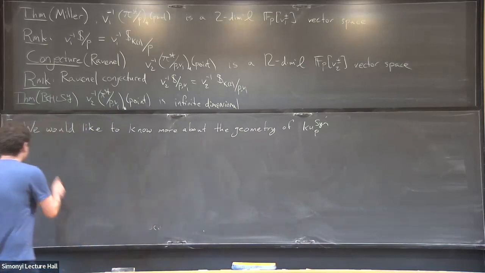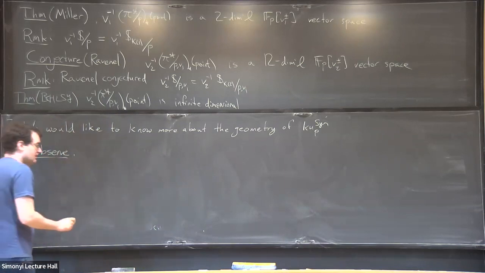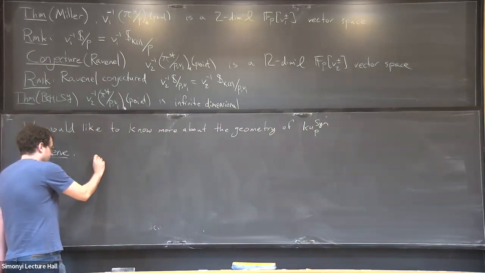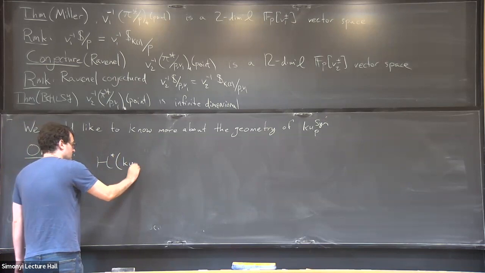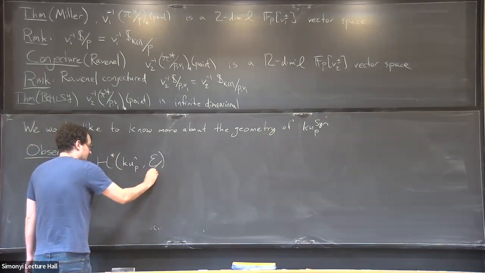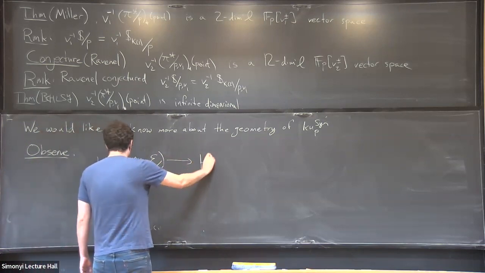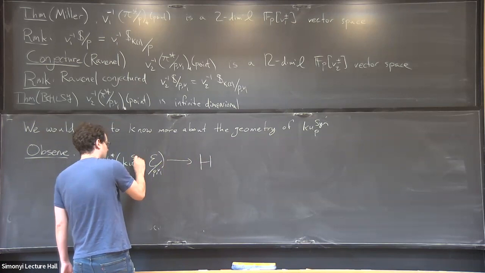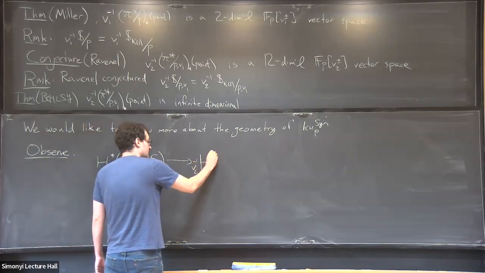Here's an example of a kind of thing you can observe, which maybe indicates that something interesting is happening. So I could take the syntomic cohomology of a perfect complex, and I could mod out by p, v1, and I could map that to the same thing with v2 inverted.